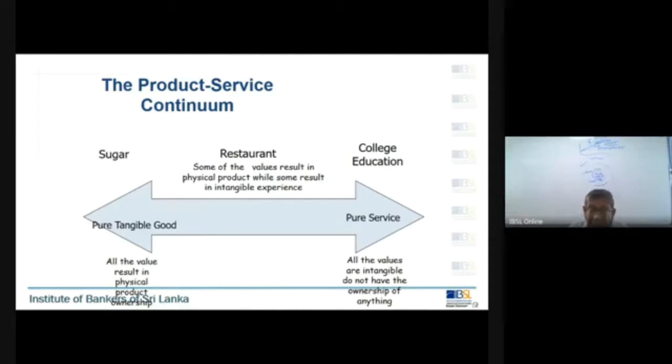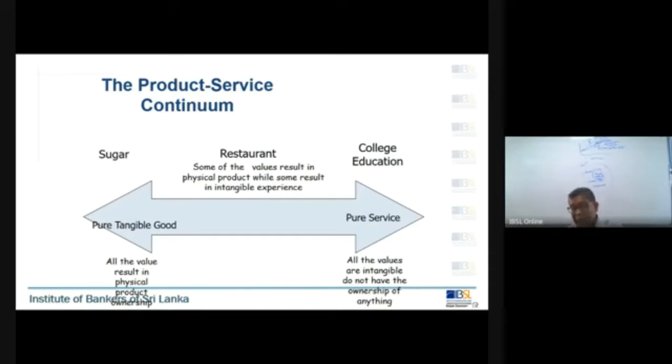But there are some in between. We have some hybrid. Restaurant. What is a restaurant? We have a physical product, foods and all, and you also have some services. That is the servicing of your product. Once you go to the restaurant, what are you expecting?